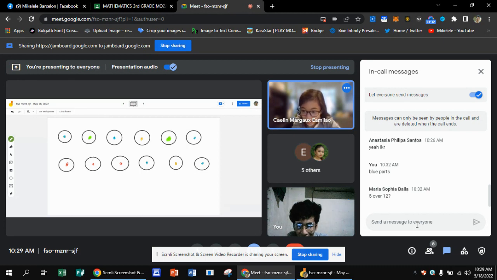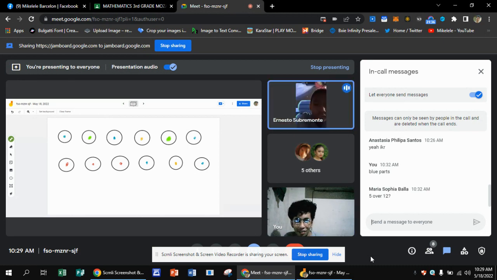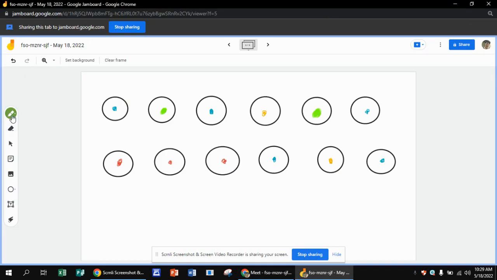Is it clear, the color? Try something on the chat box, okay? So I can see it on the chat box. For me, I'm going to recolor it para mas kita niyo. Wait.